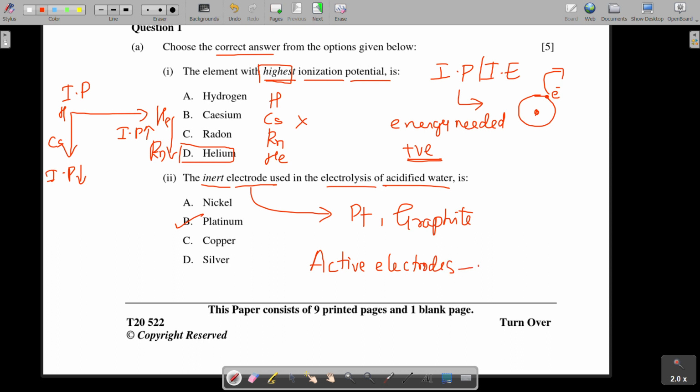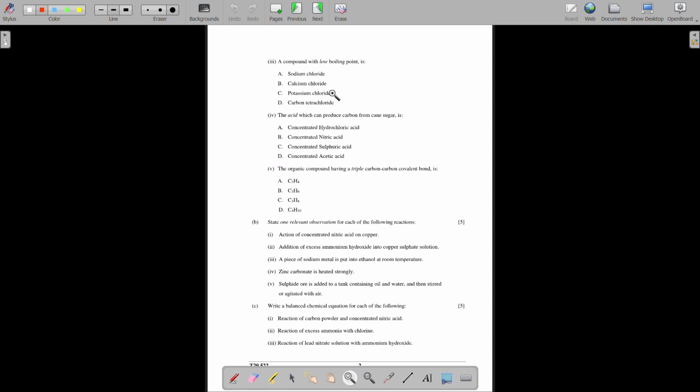Active electrodes will be the metals themselves, except platinum and graphite. Graphite is a non-metal. So nickel, copper, silver, if you use them, those will be active electrodes. What is the difference between active and inert? Active electrodes actively take part in the electrolysis, but inert electrodes do not take part in the electrolysis process. Okay, go to the next question.